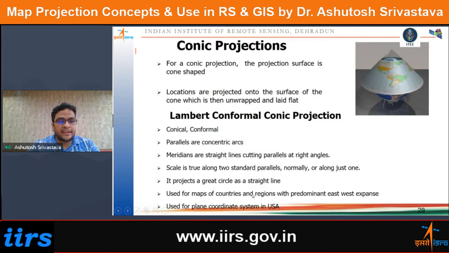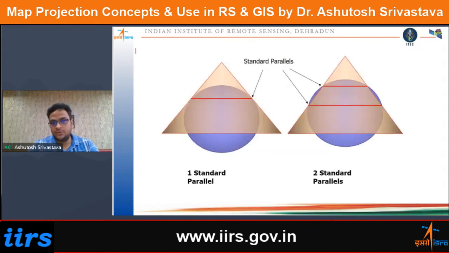It projects a great circle as a straight line and is used for maps of countries and regions with predominant east-west expanse. It is used for the plane coordinate system in USA. I told you that USA has more east-west expanse, so they use it. You may see here that one is a tangent with one standard parallel, and in the secant case there are two standard parallels.